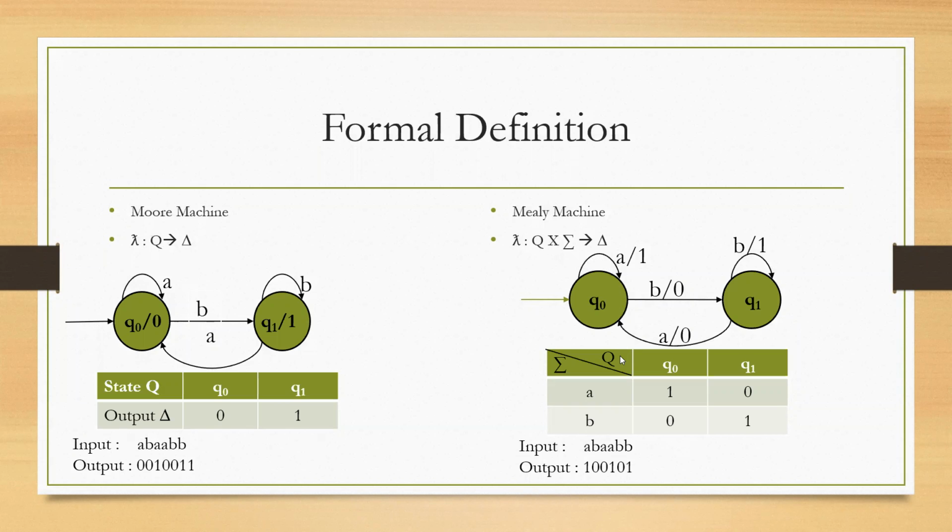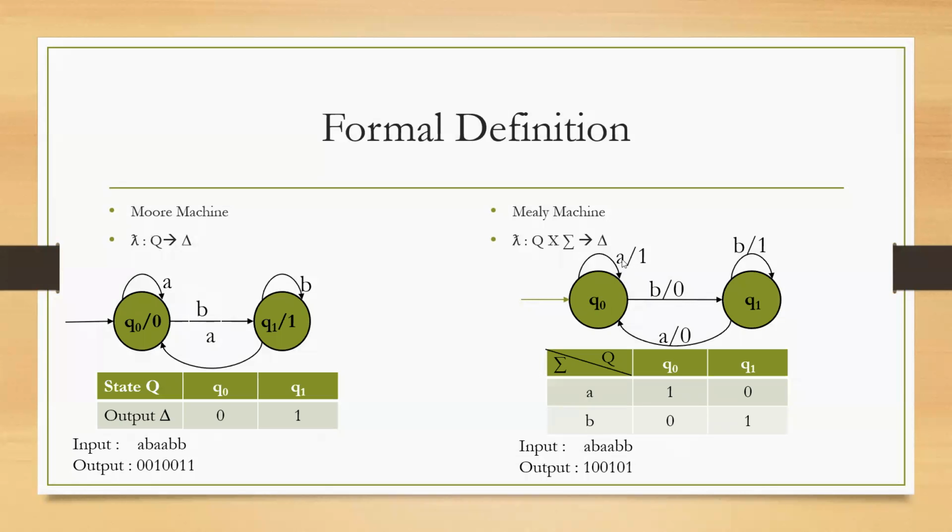So here from this MAF, you could see that when Q0 accepts input symbol A, it generates output 1. Here, above the slash is the input symbol and after the slash is the output symbol.